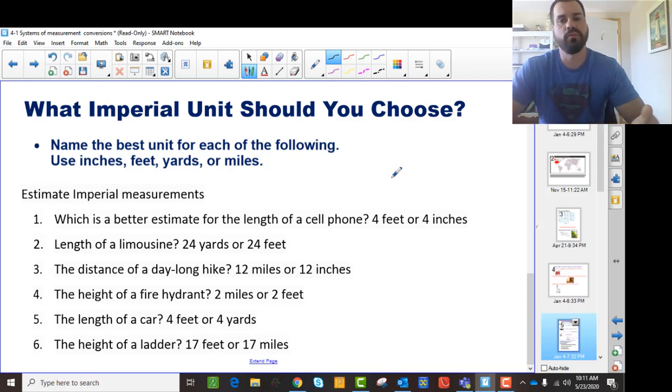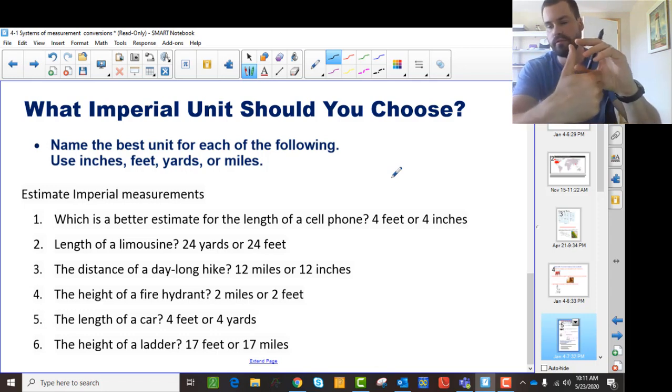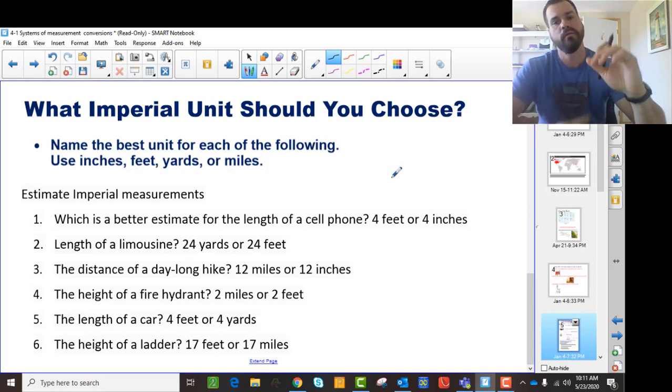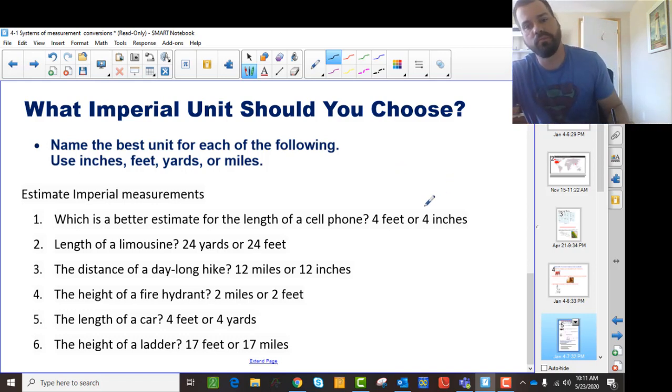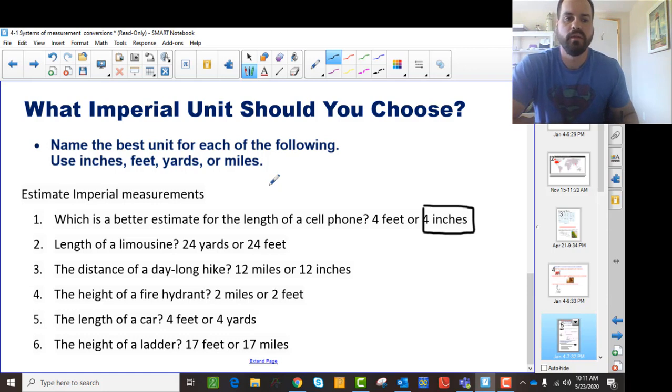Okay. So neither one is really accurate, probably, because 4 inches is only about four of those if you look at the camera. So it's not exact, but it's definitely the better of the two, because if you have a 4-foot cell phone, you're in trouble. All right. The length of a limousine.